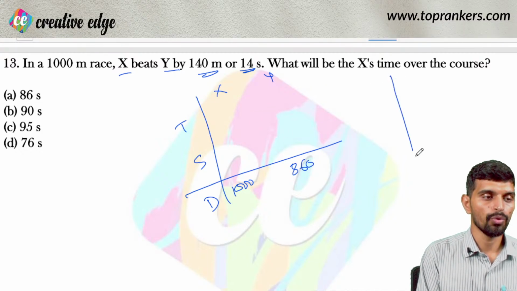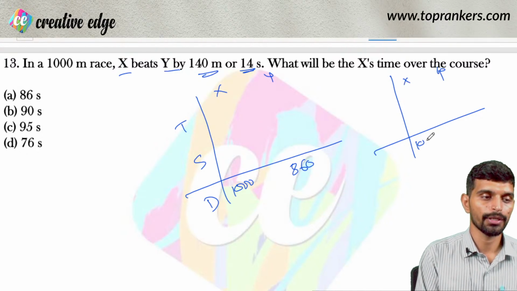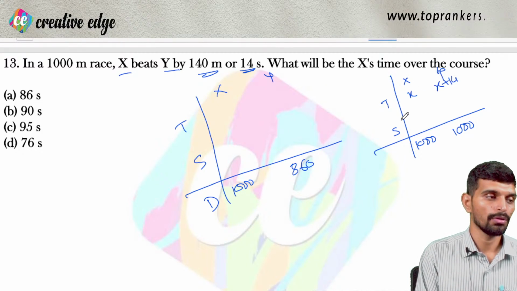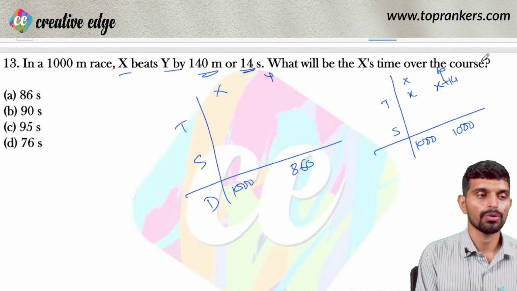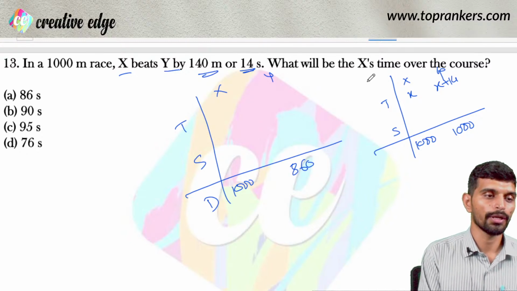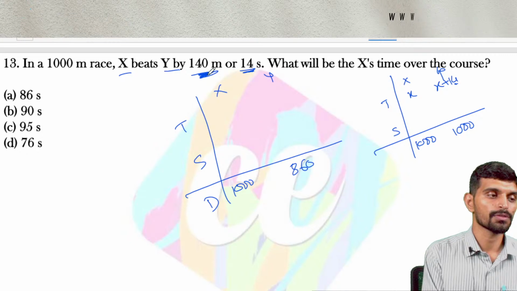Or if both cover 1000 meters distance, so if X takes some time, then Y must take 14 seconds more, right? So what will be the X time over the course? So let's calculate from this part the speed of Y, that is, in 14 seconds, Y covers 140 meters.